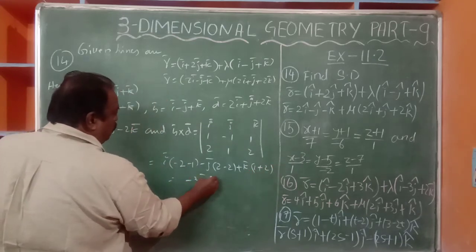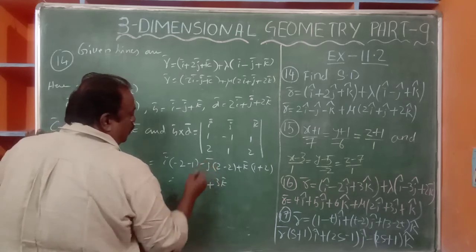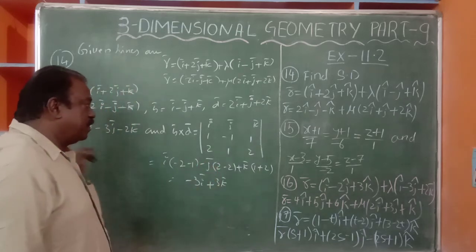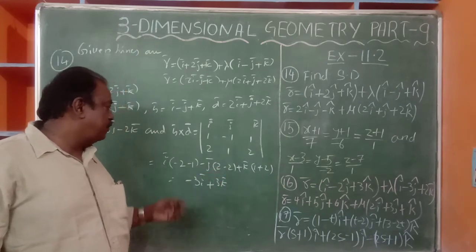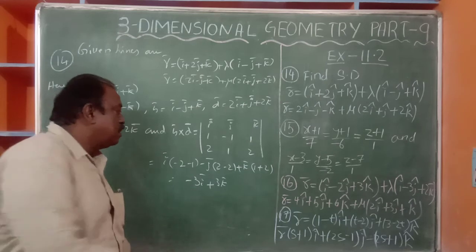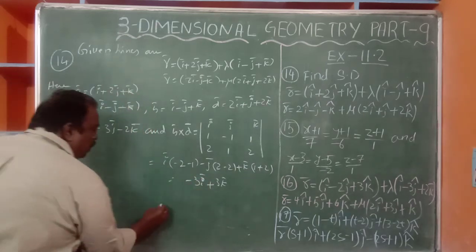This is minus 3i plus 3k. j will not be formed, as it is 2 minus 2, so it cancels. So minus 3i plus 3k is B bar cross D bar.